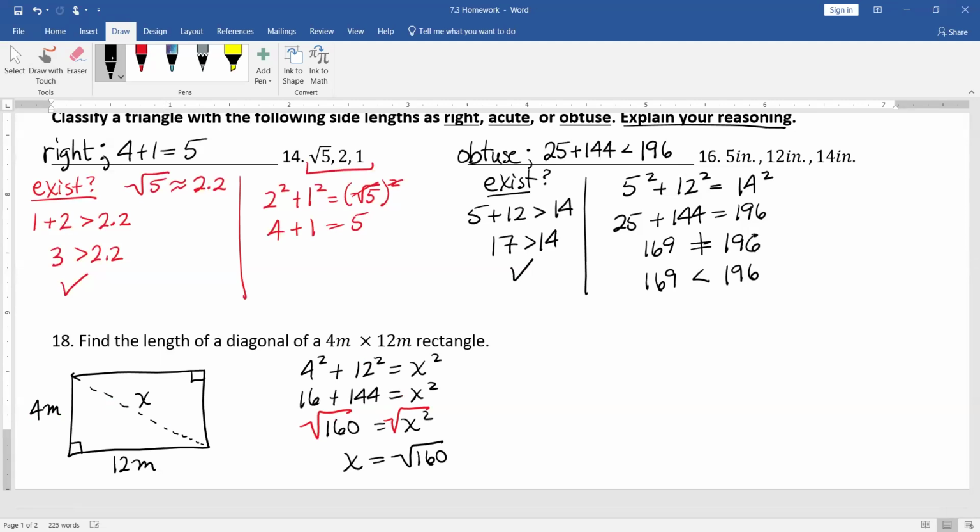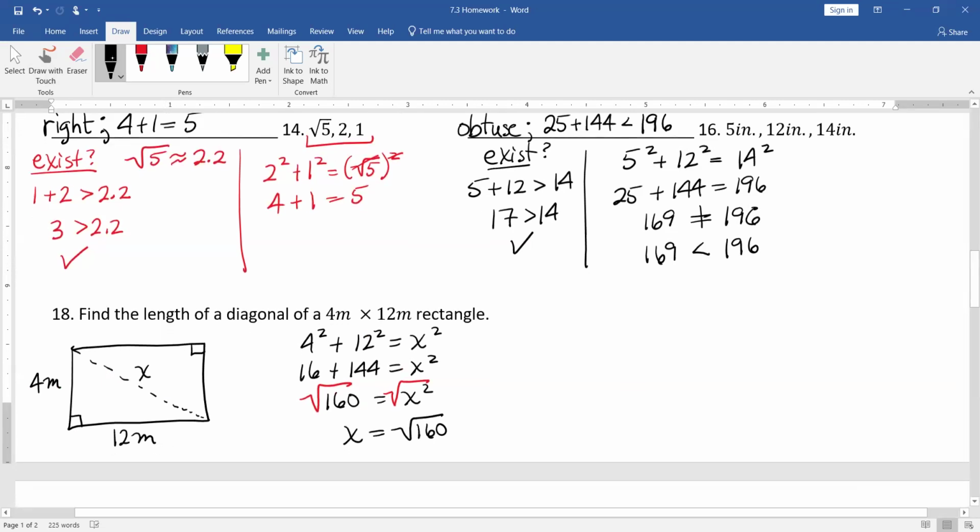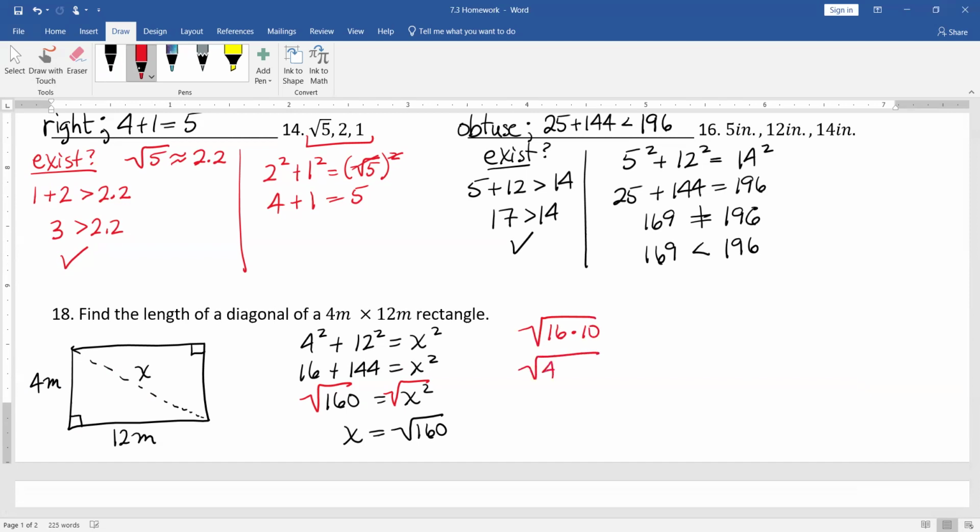Now, this is the part where you guys are going to need to be able to simplify these radicals. So when I look at 160, I can see instantly that there is a perfect square in there. So if I look at 160, I can separate that into 16 times 10. And 16 is a perfect square. This is 4 squared.